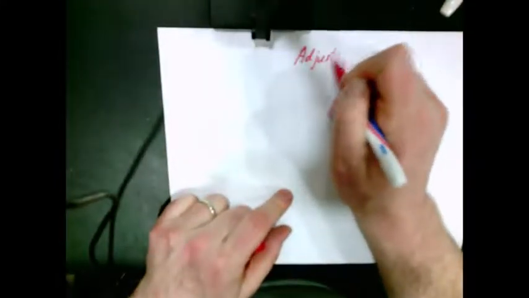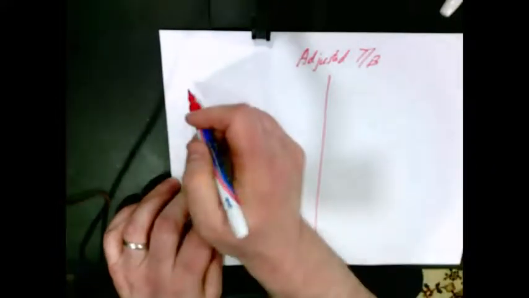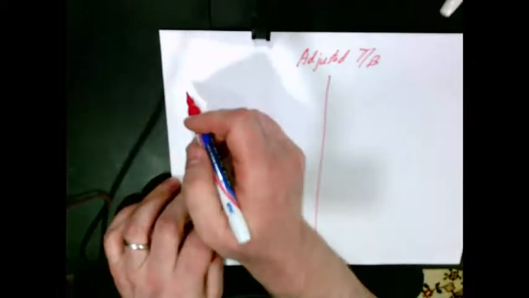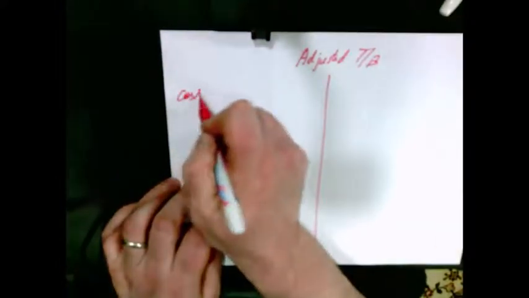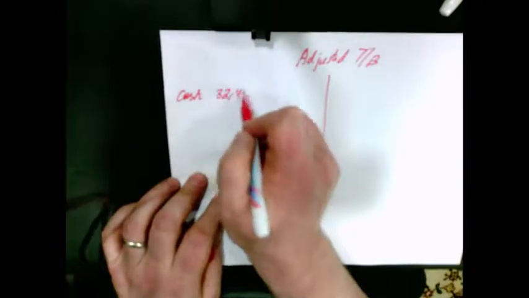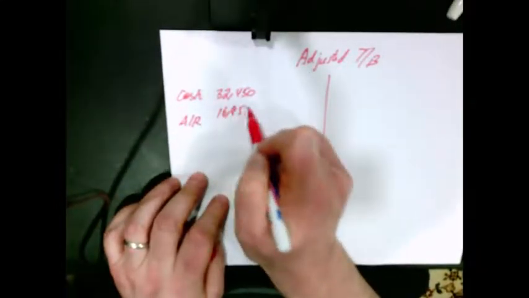Adjusted TB, trial balance. So for the adjusted trial balance, we're going to write debits on the left, credits on the right. Cash is 32,450. AR is 16,450.